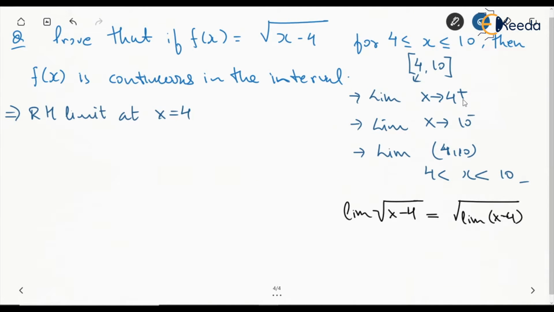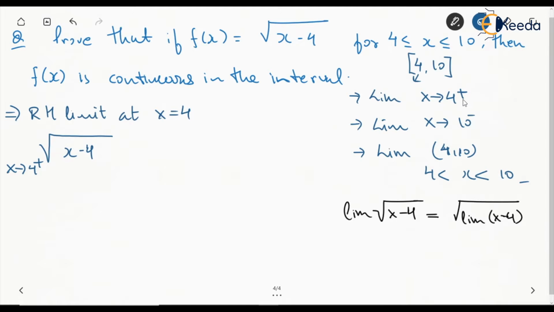So that says that limit x minus 4 for x tends to 4 plus. So 4 plus means it is greater than and around 4, which makes it very small and positive value. So you can say it is very small as 0.